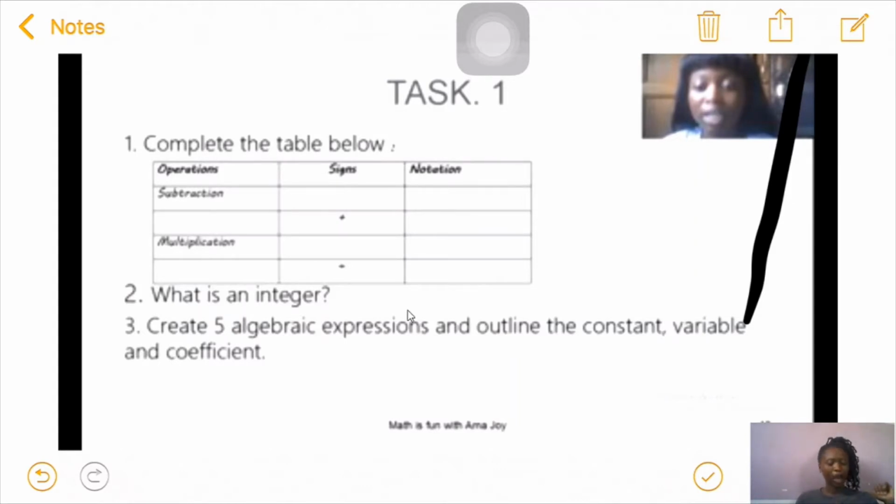The next one was a plus sign. That's for addition and the notation is sum of. Then multiplication, the sign is a times sign and the notation is to find the product of. Then we had division, the sign is a division sign and the notation is quotient of.